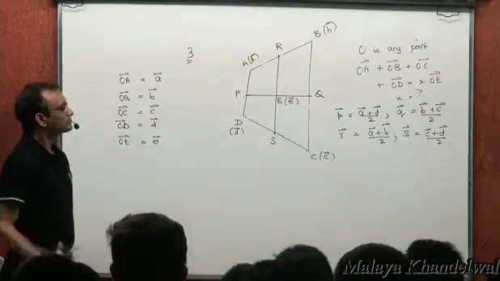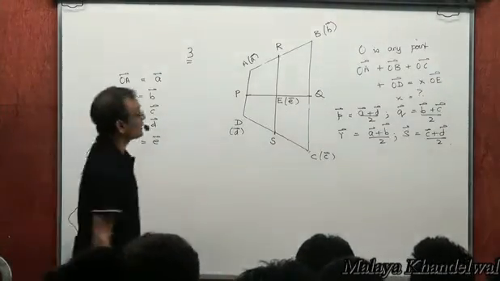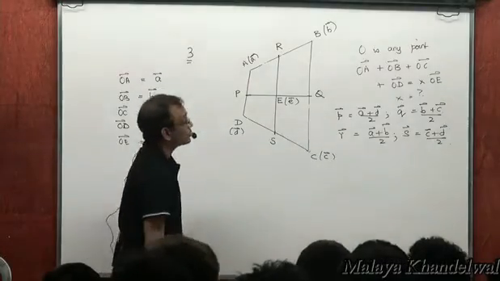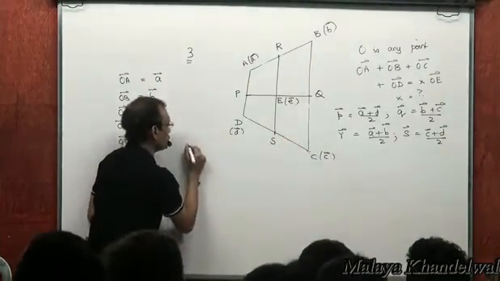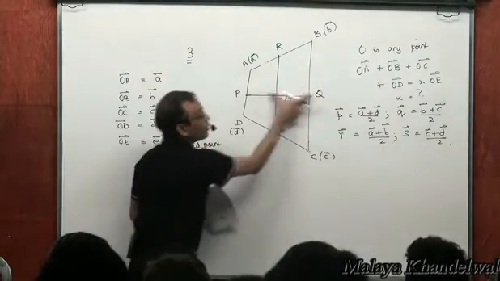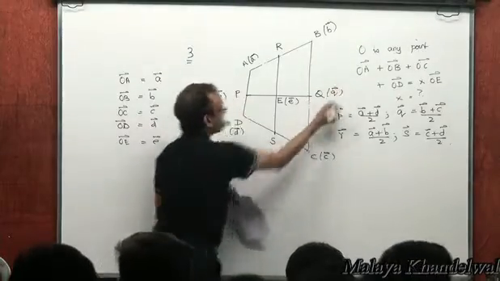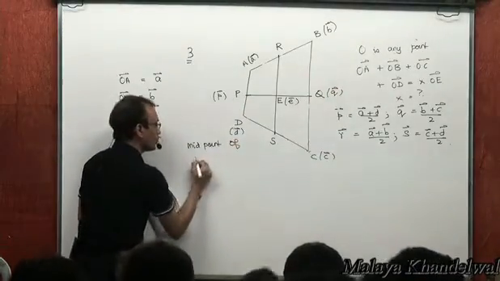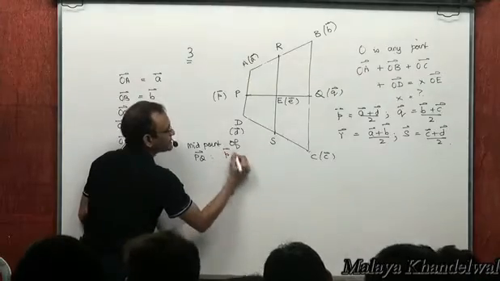Now, do you realize that the midpoint of PQ, just observe, the midpoint of PQ would be P plus Q by 2, isn't it? The midpoint of PQ will have position vector P plus Q by 2.